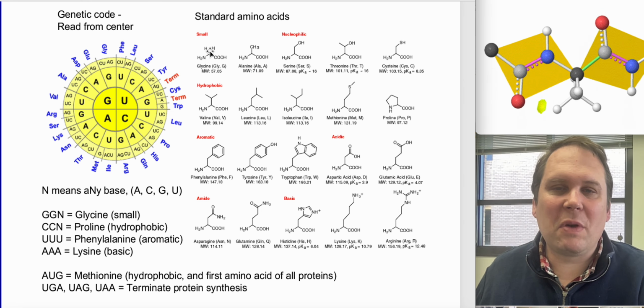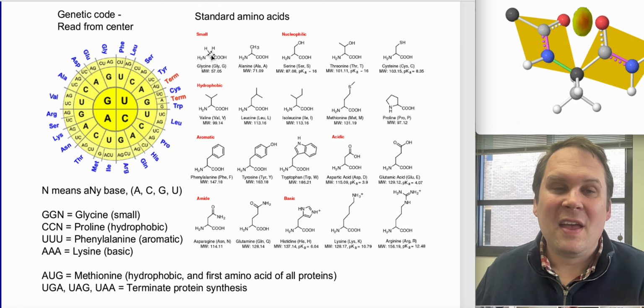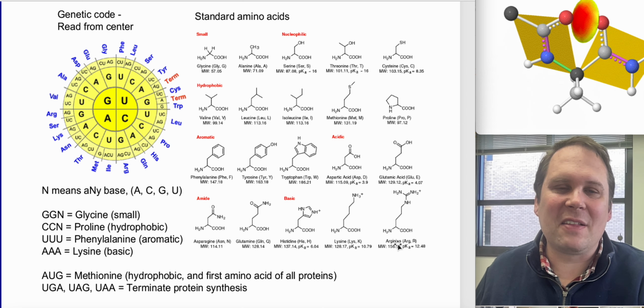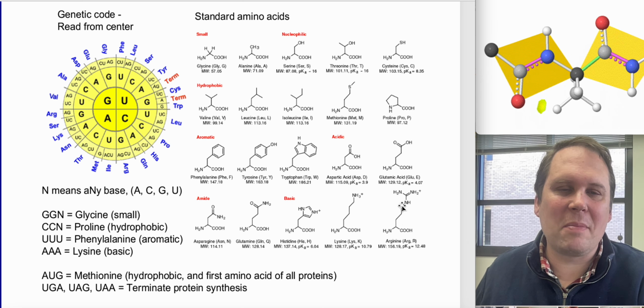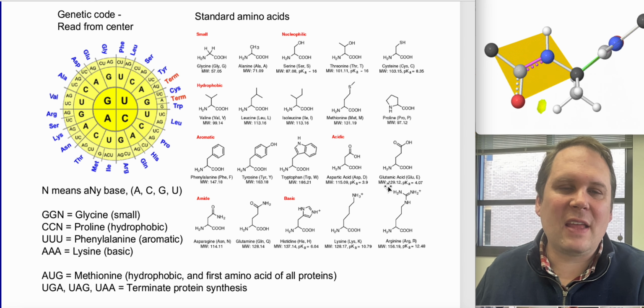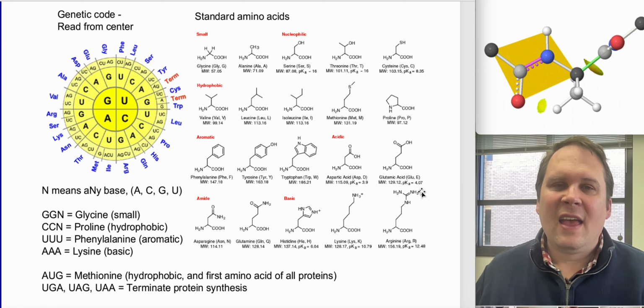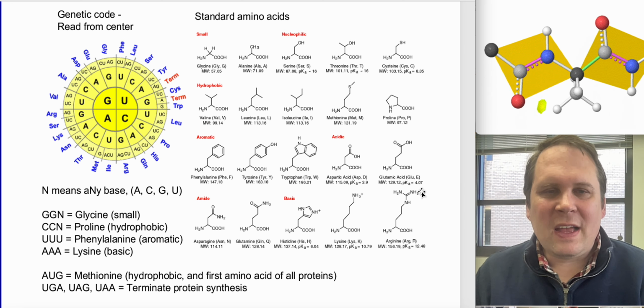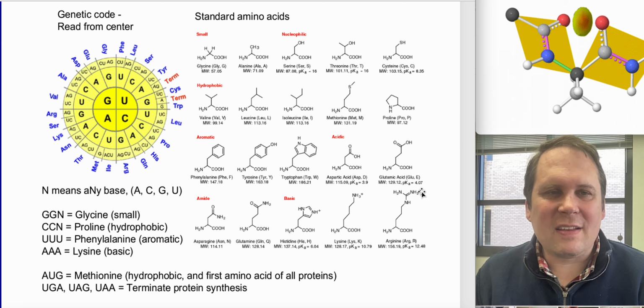Could be the smallest one with just 2 hydrogens there, basically no side chain to speak of. Could be one of these giant ones. Like look at arginine. It's got this big long chain, so it's got 3 extra carbons there and then 3 nitrogens around the carbon. It carries a positive charge. The environments where you will find arginine are going to be very different from the environments where you find glycine.